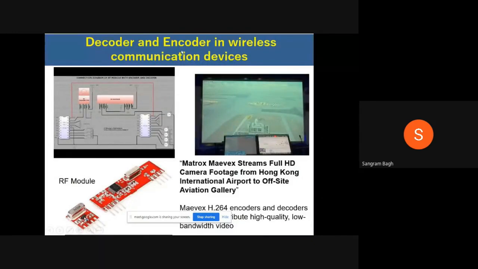I'm sure most of the engineering students know what a decoder and encoder is, but for those who don't, just a brief introduction. Decoders and encoders are always used in wireless communication systems. For example, with a walkie-talkie, when I'm talking, the sound signal goes to an electrical signal. That electrical signal is first encoded through a circuit or device called an encoder, encoded into fewer bits, and that information is sent to the other instrument.